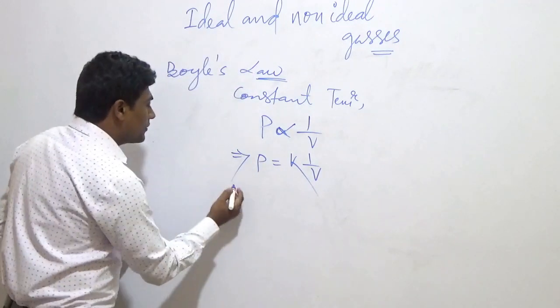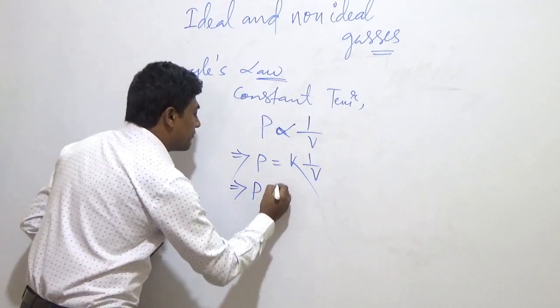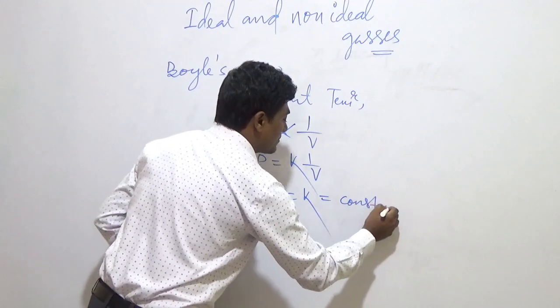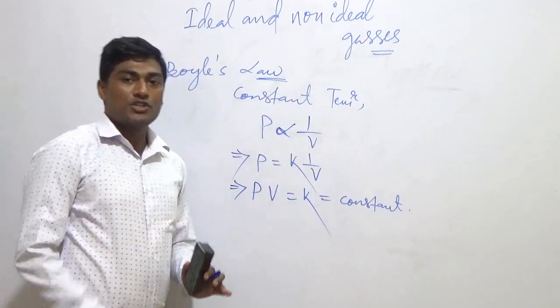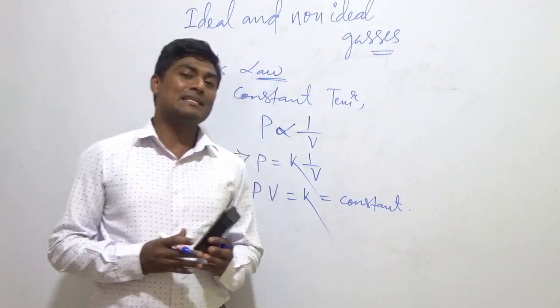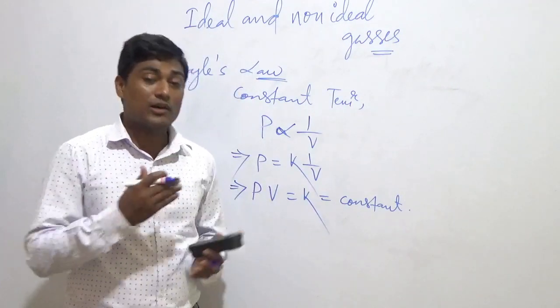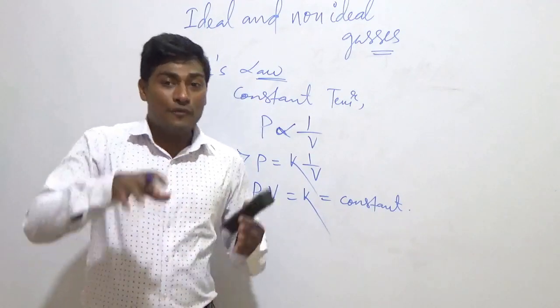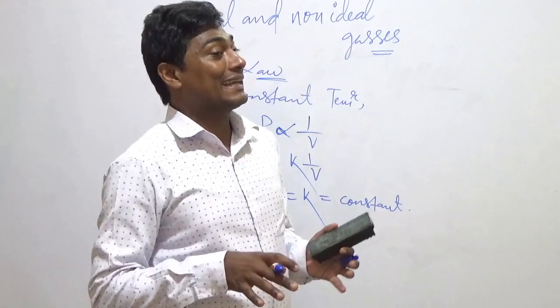So I will get PV is equal to K, which is constant. So however high the pressure is, if you multiply the corresponding volumes, that will give a constant value, which we can show by taking a graph.